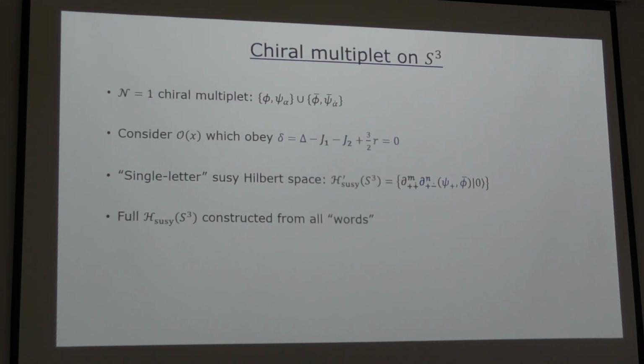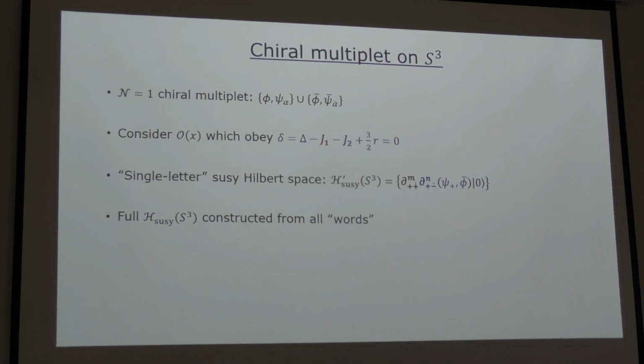All right. So as I said, I'll mostly focus on the chiral multiplet, so let me just review the index of the chiral multiplet in some detail. So what is a chiral multiplet? It's a complex scalar field and a Weyl fermion. Okay? And so to calculate its index, we consider supersymmetric operators, namely those operators that satisfy this charge constraint.